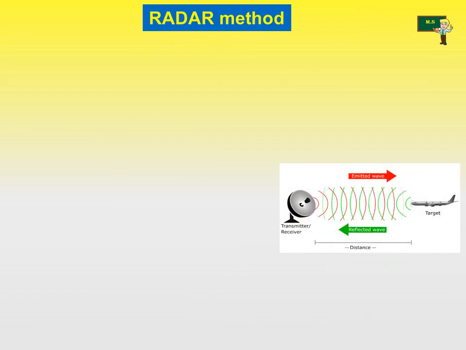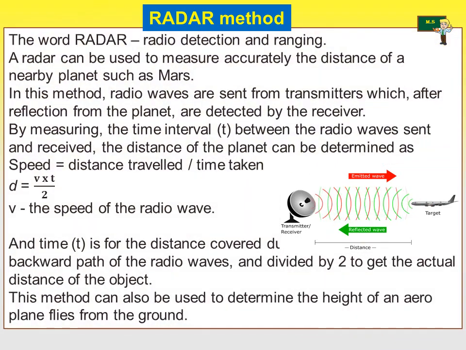Now, the third method is the radar method. You can see how the radar transmits and receives the signals from the target. It has emitted a wave, and this is the reflected wave. The word radar means radio detection and ranging.